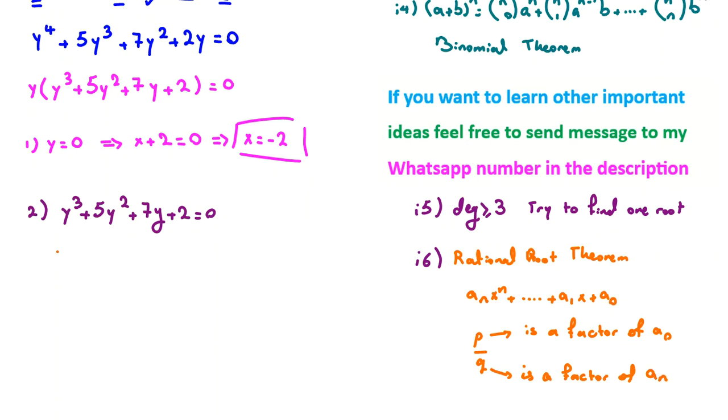So if you have a root p over q, p is a factor of a0, and q is a factor of this one, 1.